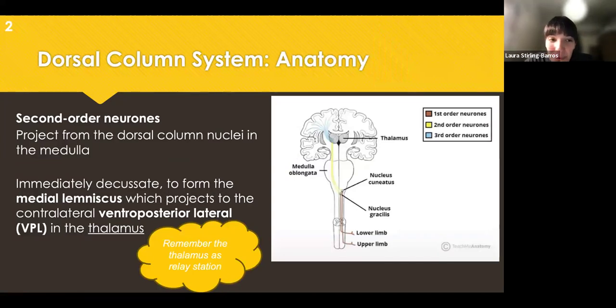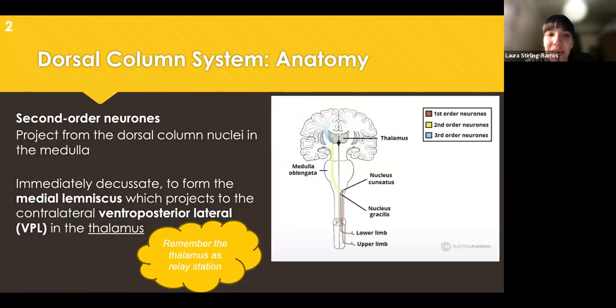And then furthermore, you move on from the second order neurons. They basically cross over, so they decussate from the ipsilateral side to the contralateral side, as we can see with these yellow ones, and then this forms the medial lemniscus.